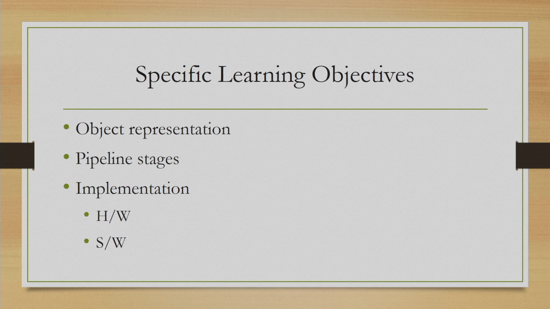There are broadly these three specific objectives: learning about object representation, which is the very first stage of image synthesis, then the pipeline stages which converts object definitions into a representation on the pixel grid, and finally implementation of that representation on the physical screen. There we have the objective of learning about the basic hardware as well as the software.